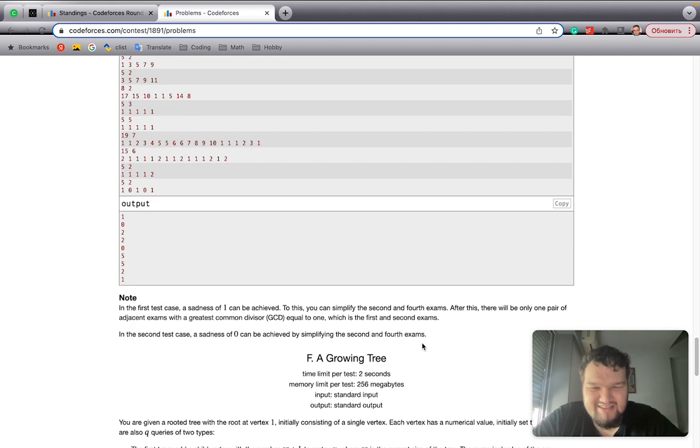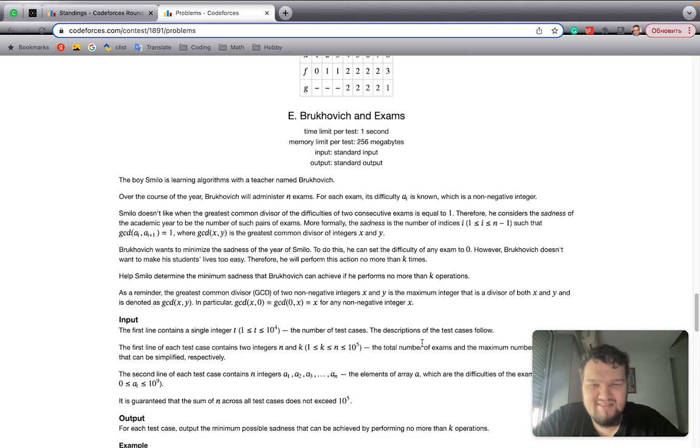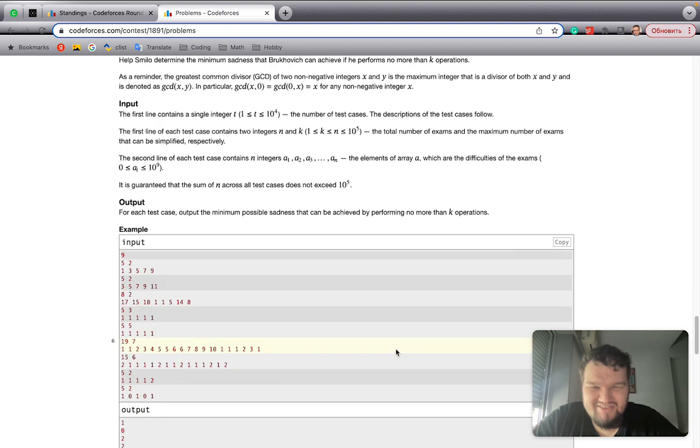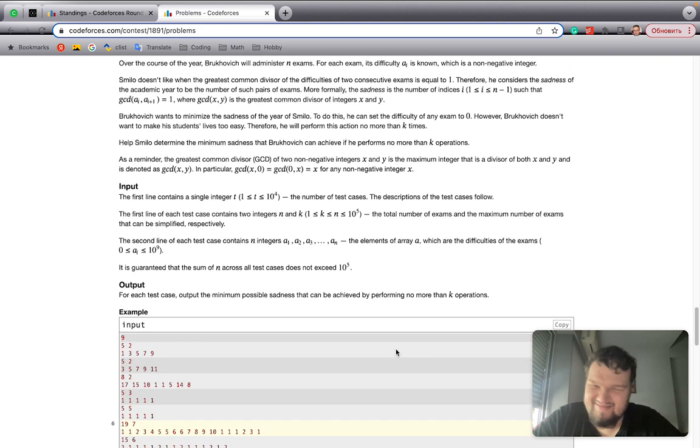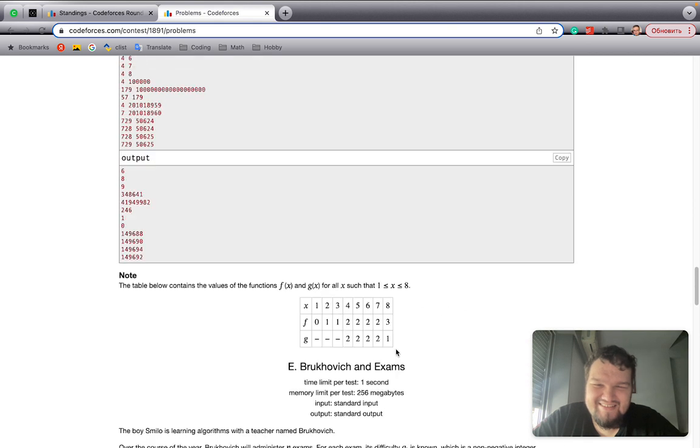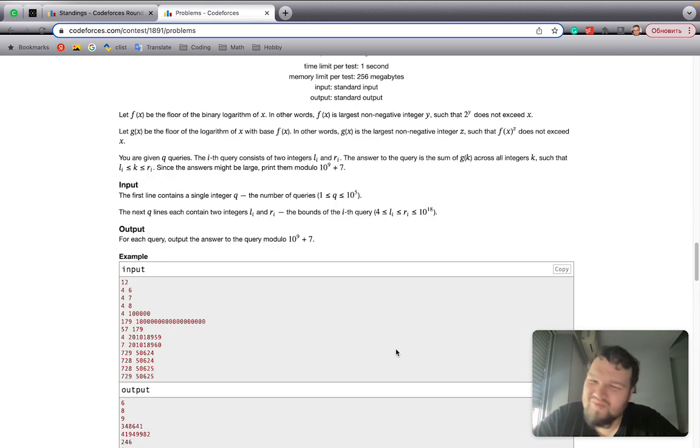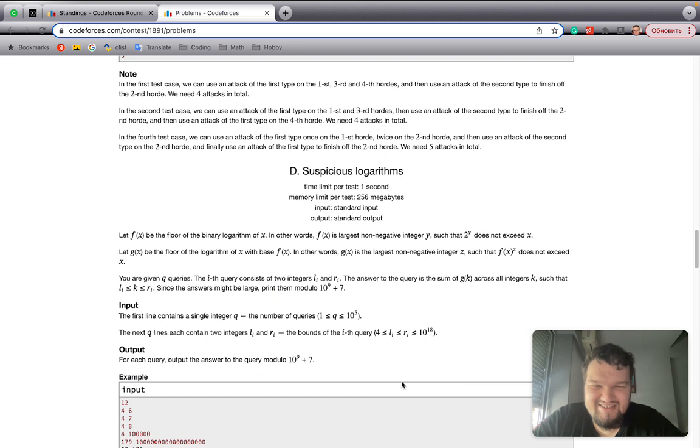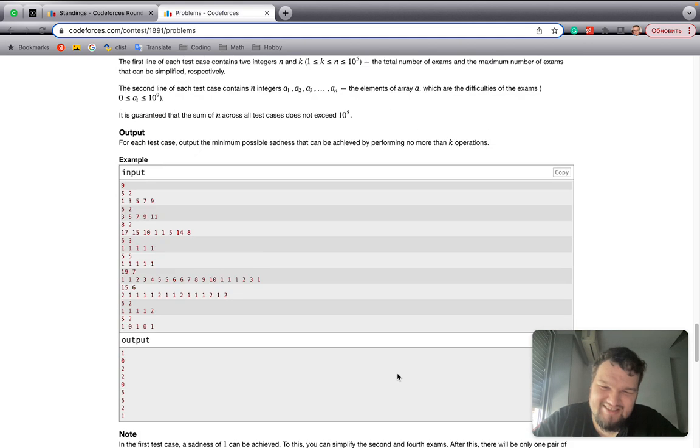I don't think you can reasonably say that F is harder than E. That's just not true. You probably can say that F is easier than D. F is harder than D, but not by a lot. But certainly F is easier than E.